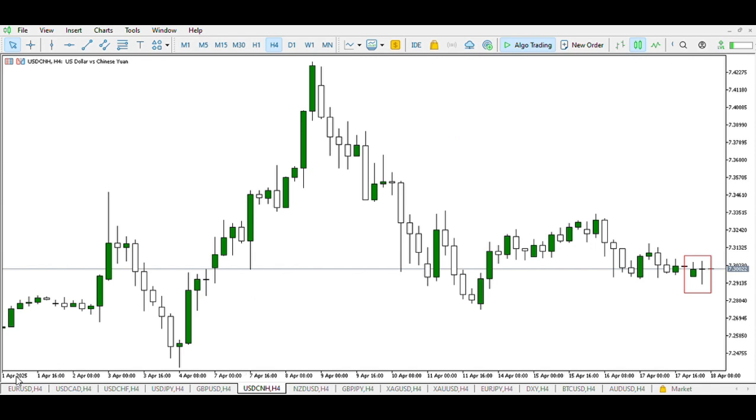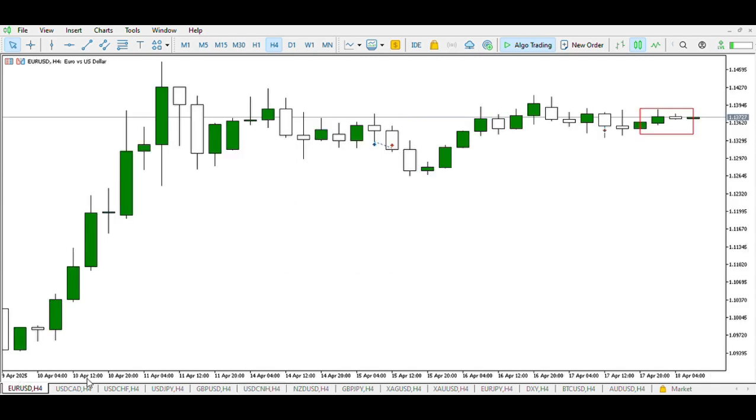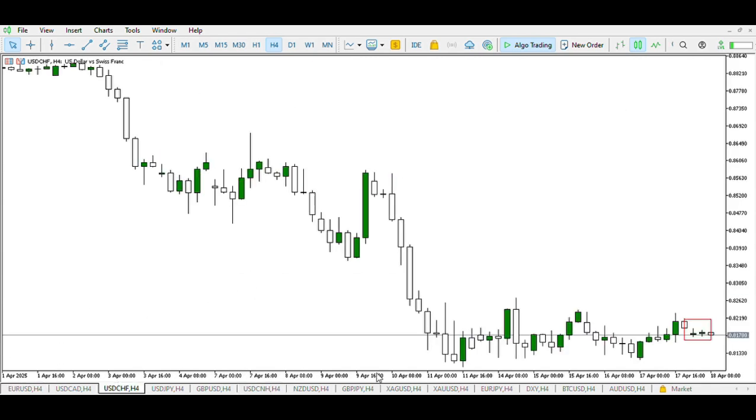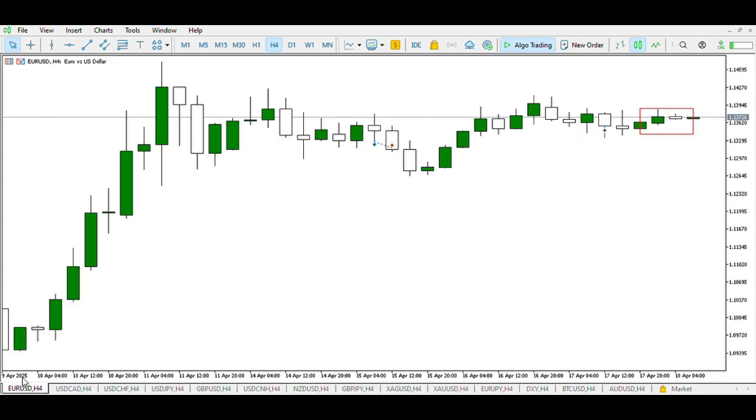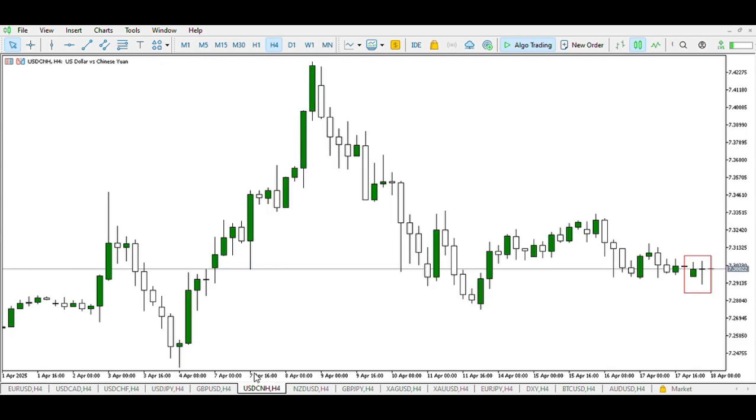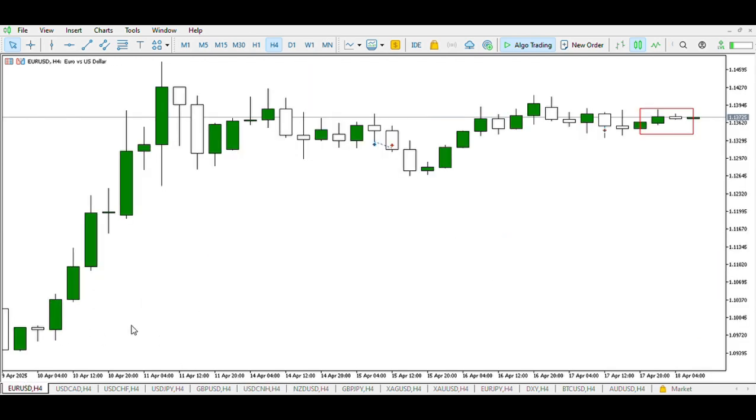For instance, the Euro USD, USD CHF, USD JPY, they have very tight spreads compared to maybe the USD CNH or silver or AUD CAD or Euro CAD. And the reason for this is because of the transaction volume that is ongoing in each of these pairs.